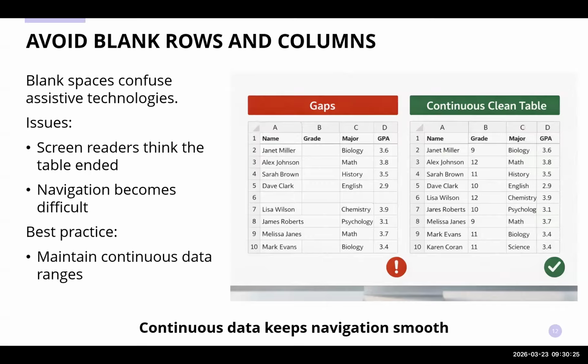So the takeaway with blank cells and columns is to avoid empty rows and columns inside a table. Always use formatting tables to style your titles to make it look neat without breaking accessibility. This way, your spreadsheet definitely would be accessible.